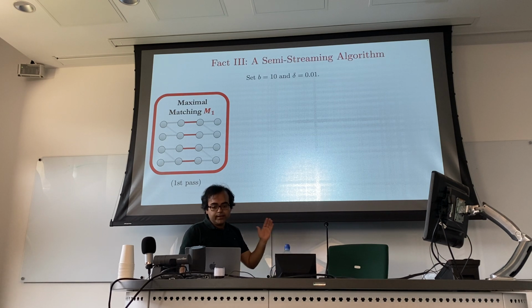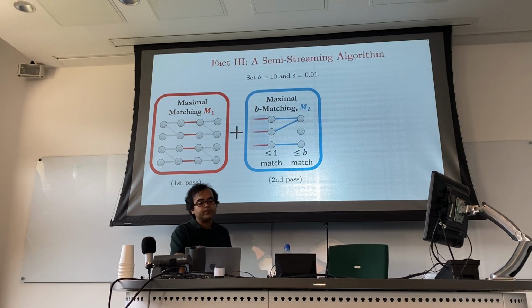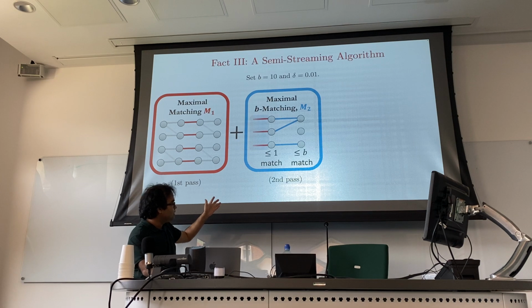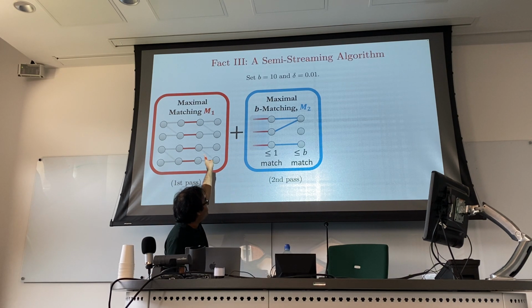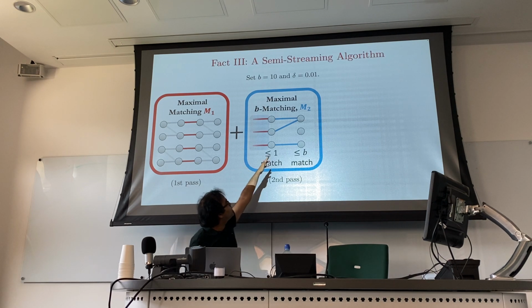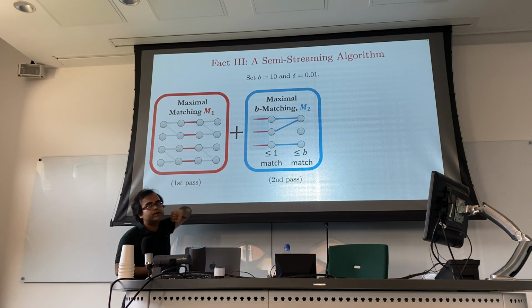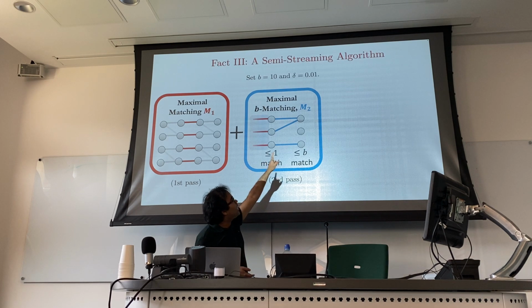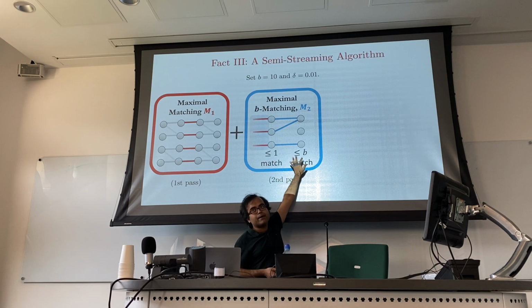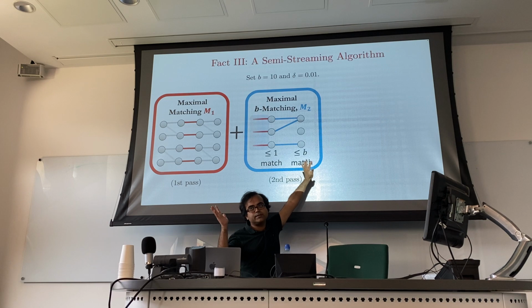Then, in the next round, you compute a maximal B-matching between the matched nodes in M1 and unmatched nodes in M1. So what is happening for this B-matching M2? Look at the matched nodes in M1, you give them capacity 1. The unmatched nodes in M1, you give them capacity B. B is some large constant.